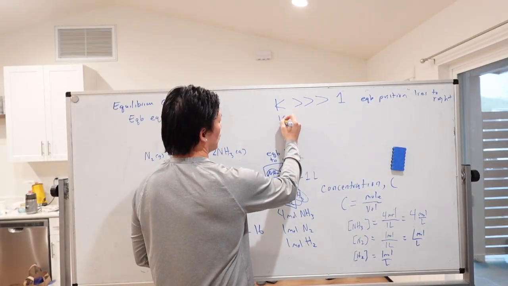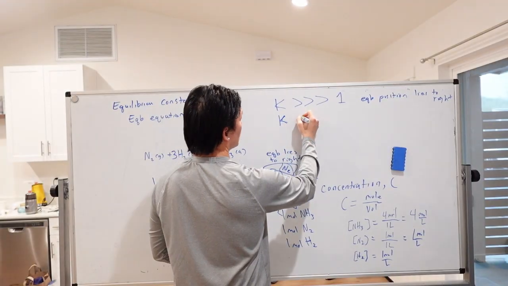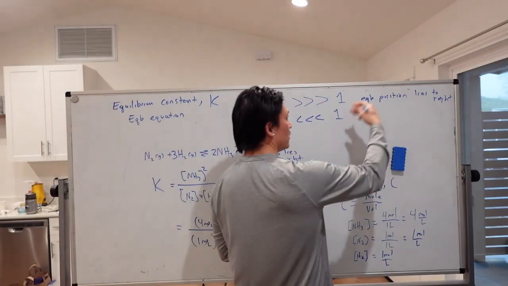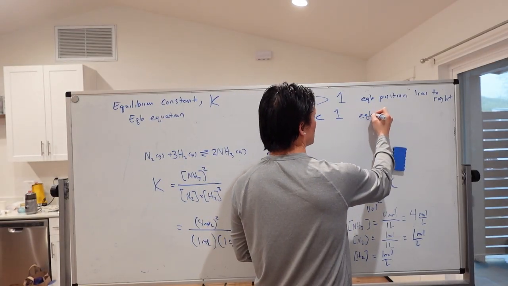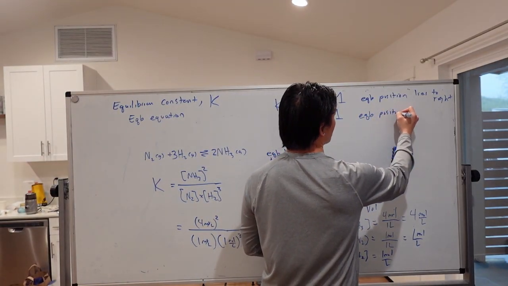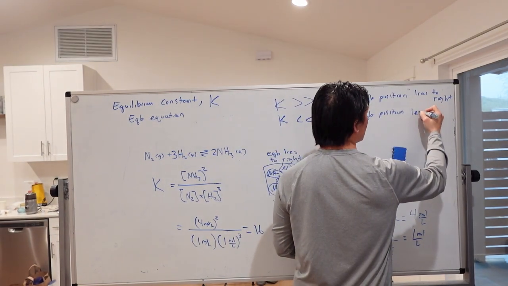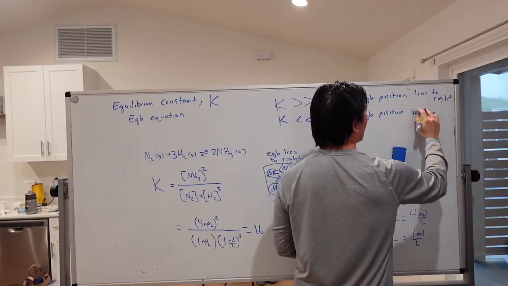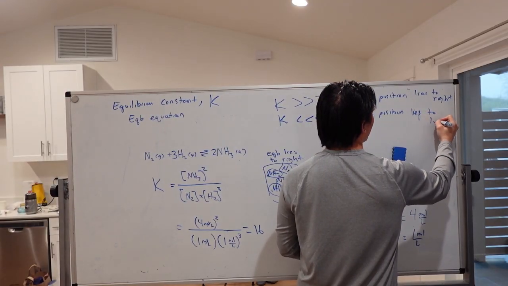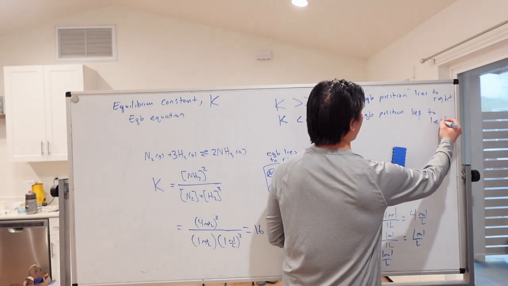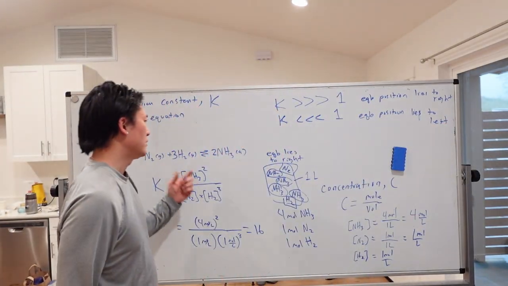And it's also true if K is very small relative to 1. Then the opposite is true. The equilibrium position lies to the left. That is, there are more reactants.